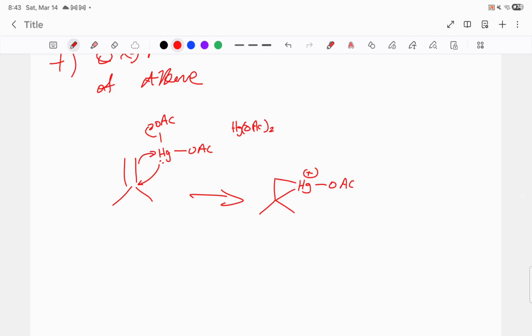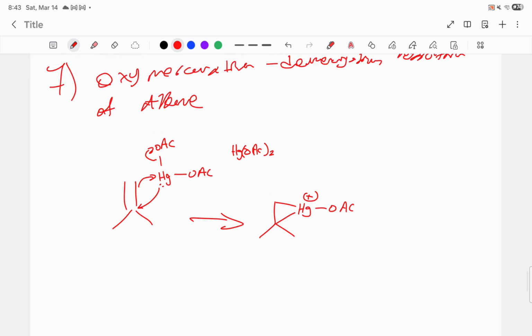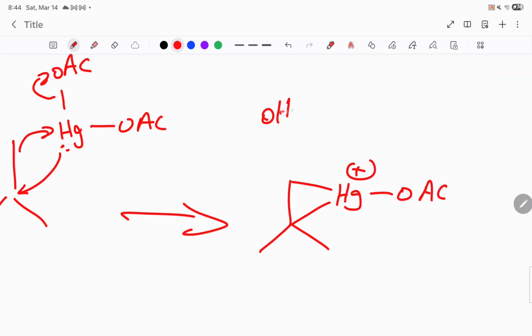Now what's going to happen is, like I said, this reaction occurs in aqueous THF. And aqueous, if you remember, just means water, right? So this is what's going to occur. The water is going to attack the more substituted carbon. Again, this is that regioselectivity that we talked about, right? That's Markovnikov. It's going to attack the more substituted carbon.